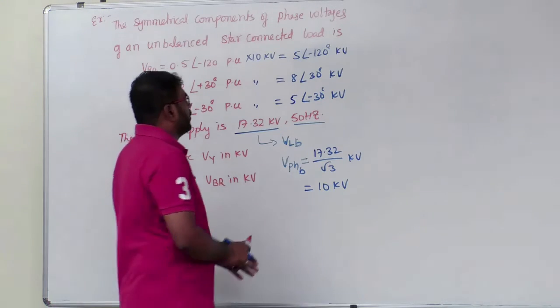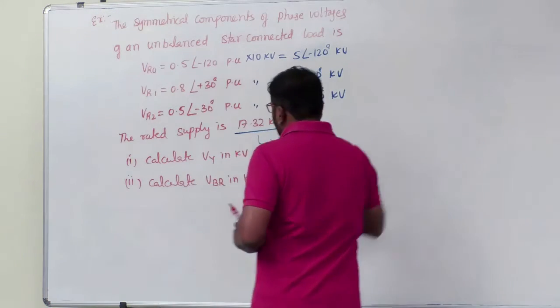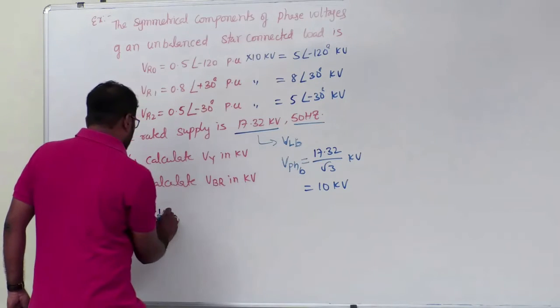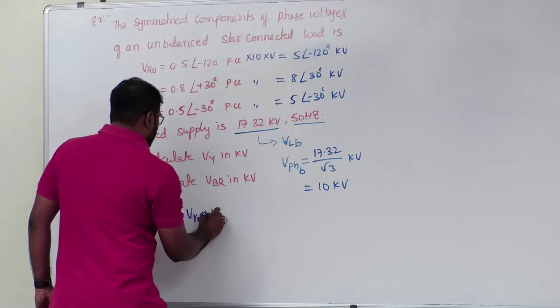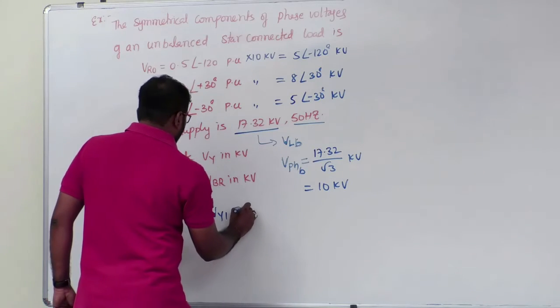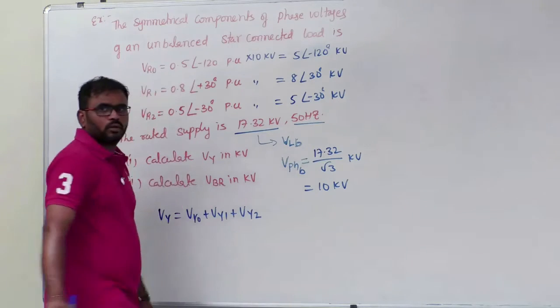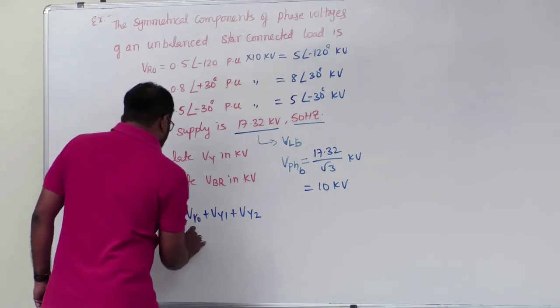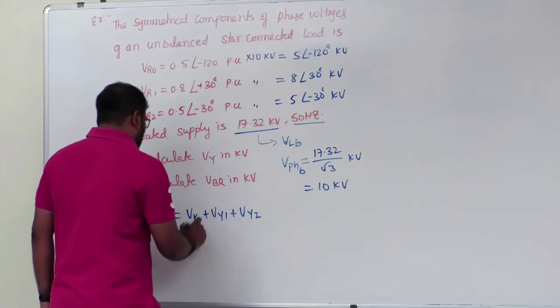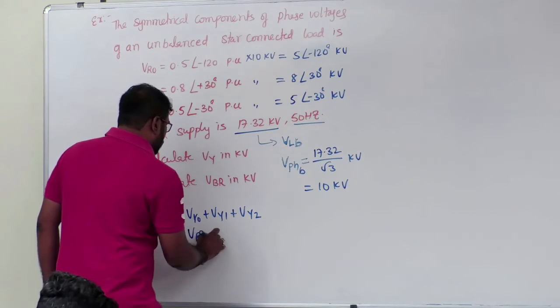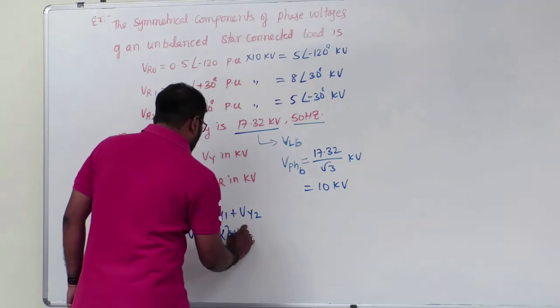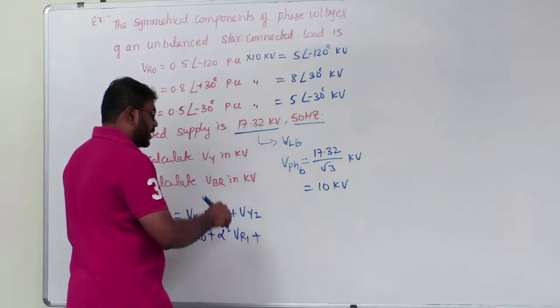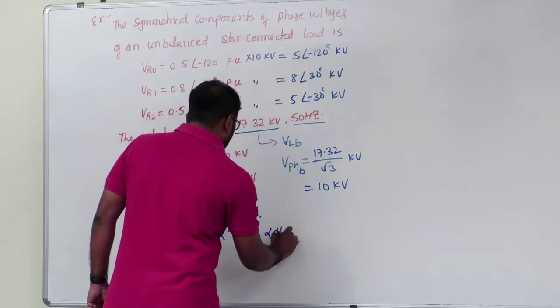We know the formula for Vy. Vy equals Vy0 plus Vy1 plus Vy2. Vy0 equals Vr0. Vy1 is alpha square times Vr1. Vy2 is alpha times Vr2.